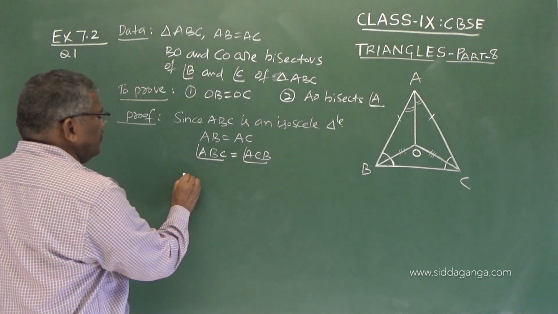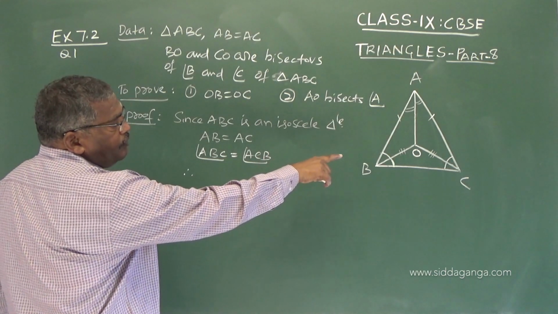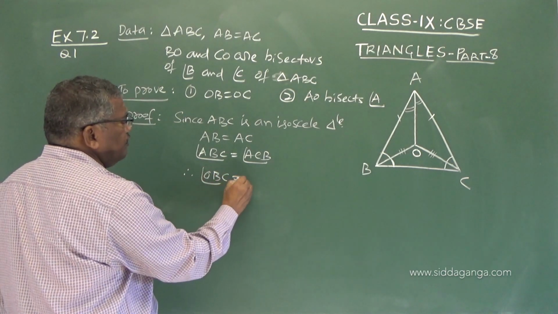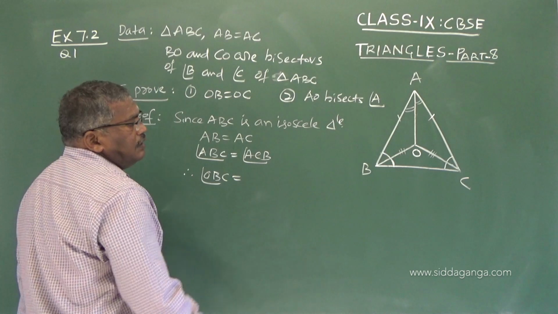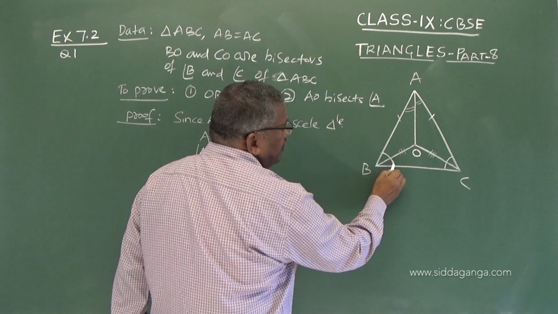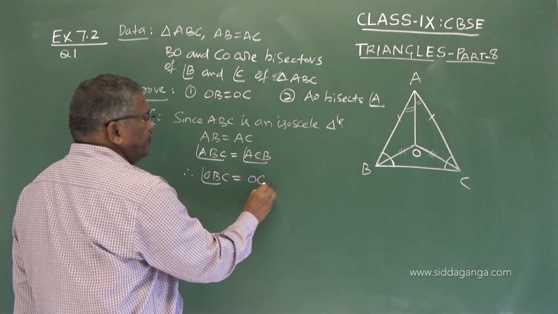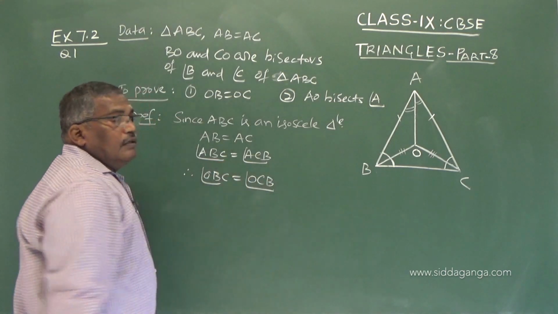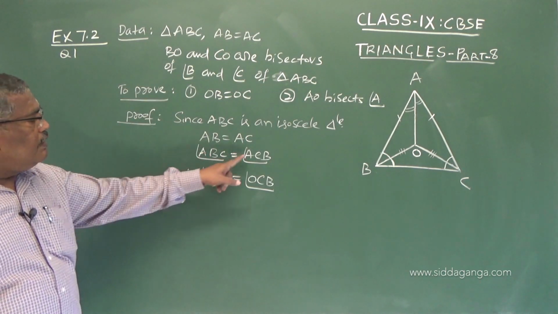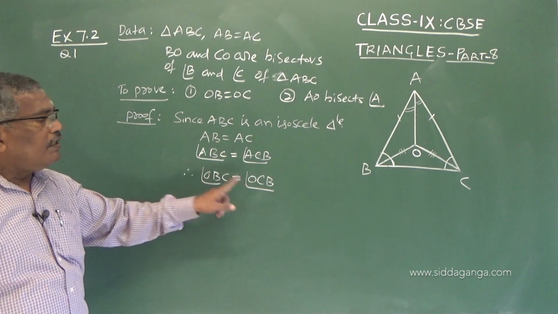So therefore, observe here, angle OBC will be equal to, see these two angles are equal, half of this is OBC and it will be equal to half of this, OCB. So ABC half is OBC, ACB half is OCB. So half of these two angles, they are equal.